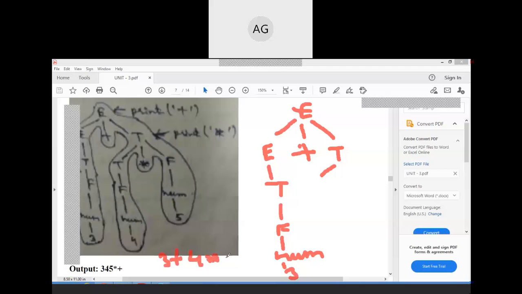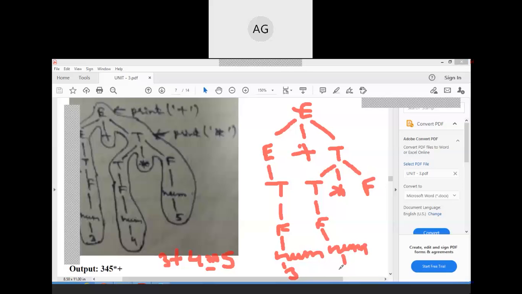We need to reach this point, 3 plus 4 into 5, by drawing it. So the plus sign is there, then we also need to have the into sign. The into sign we can get from T produces T dash into F. After that, we can use the production T produces F, and from F we have F produces num, and from this we can reach num.